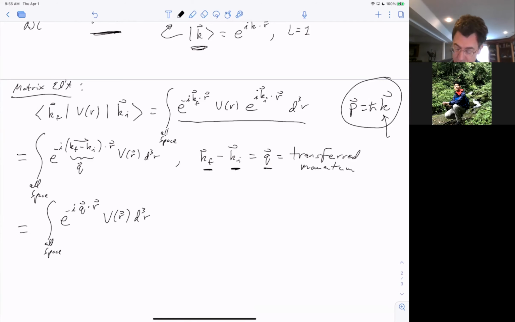You have seen these integrals before. This is a basic thing about integrals. If we integrate a wiggly thing over all space, what does it equal? Integrals of wiggly things equal what? Tell me.